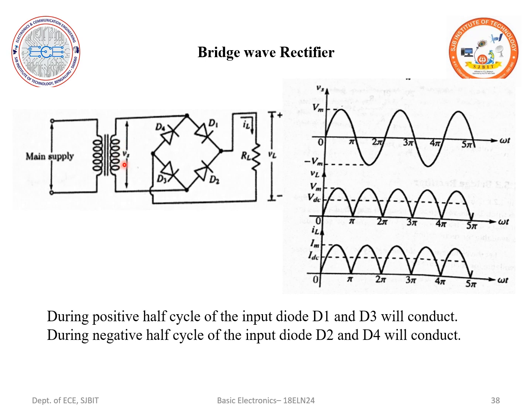When we look into the graph, the waveforms during the positive half cycle of the input, the input is represented as Vs.